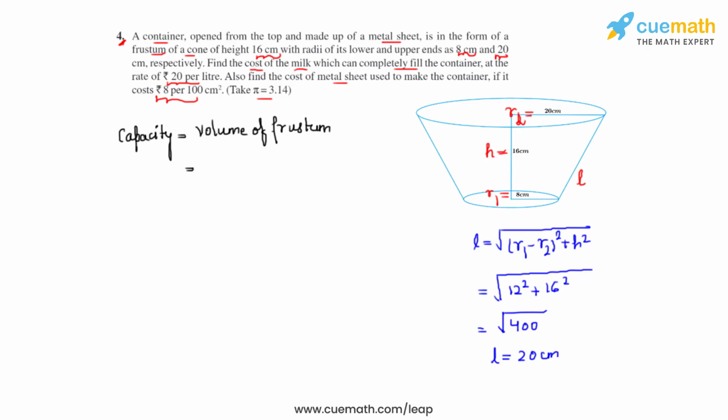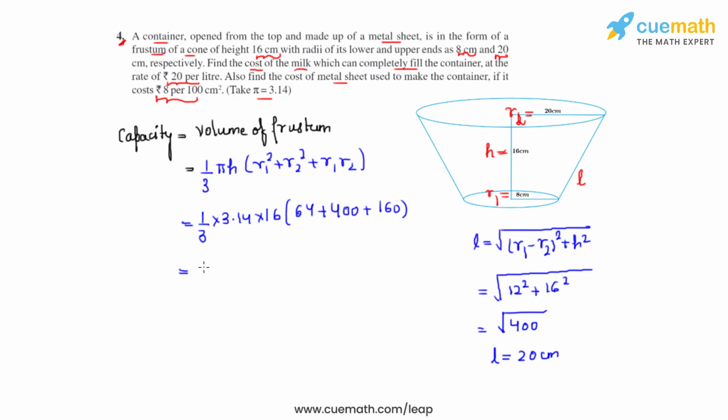The formula to find the volume of a frustum is 1 by 3 times pi times h times R1 square plus R2 square plus R1 R2. Let's substitute these values and we write it as 1 by 3 times 3.14 times 16. R1 square is 8 square which is 64. R2 square is 20 square which is 400 and R1 times R2 comes as 160.